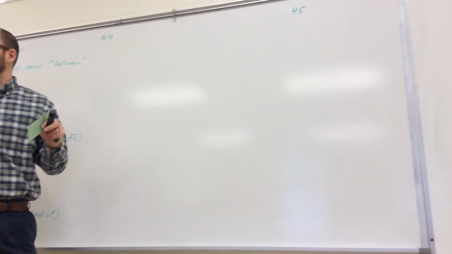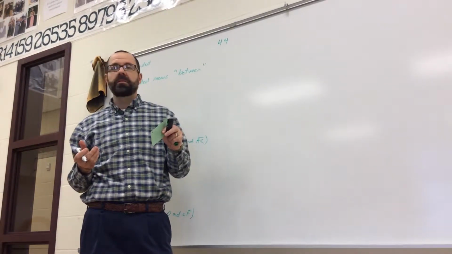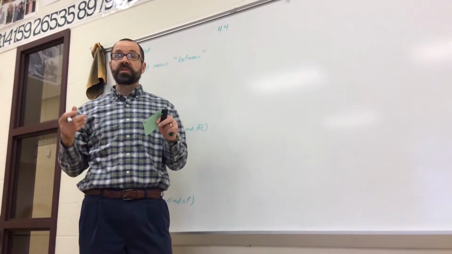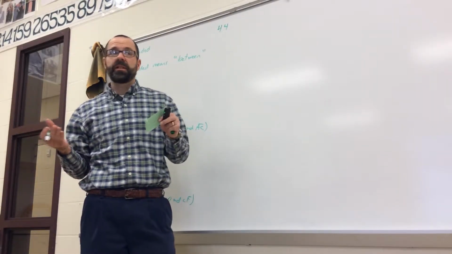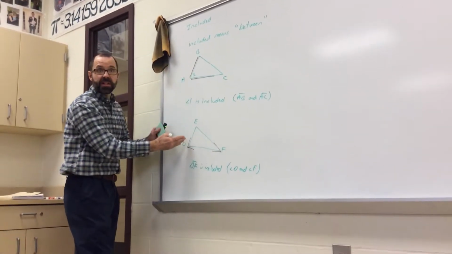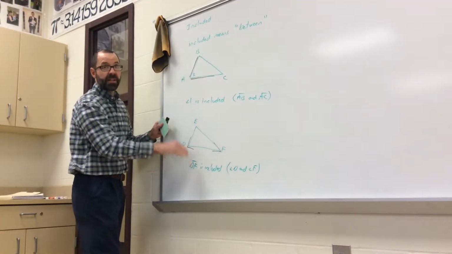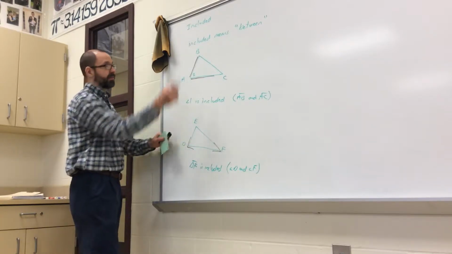Yesterday we were proving that triangles were congruent, right? And it was a pain. The reason it was a pain is we had to show that this side was congruent to that side, and this side was congruent to that side, and this side was congruent to that side. And then we had to show that this angle was congruent to that angle, and that angle.